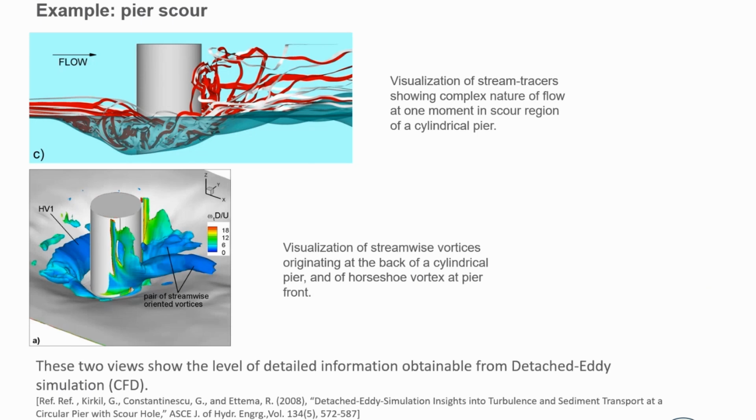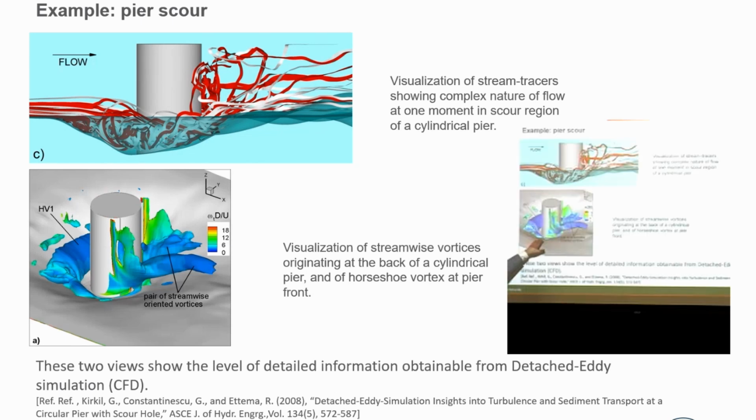This is again from George Constantinescu using detached eddy simulation CFD. Look at the flow field around a pier. And again, these are the most complicated flow fields that you will find. Junction flow fields, where you have a vertical structure coming into a horizontal structure, like a wing coming into a fuselage on an airplane, or a pier coming into a flat alluvial bed.